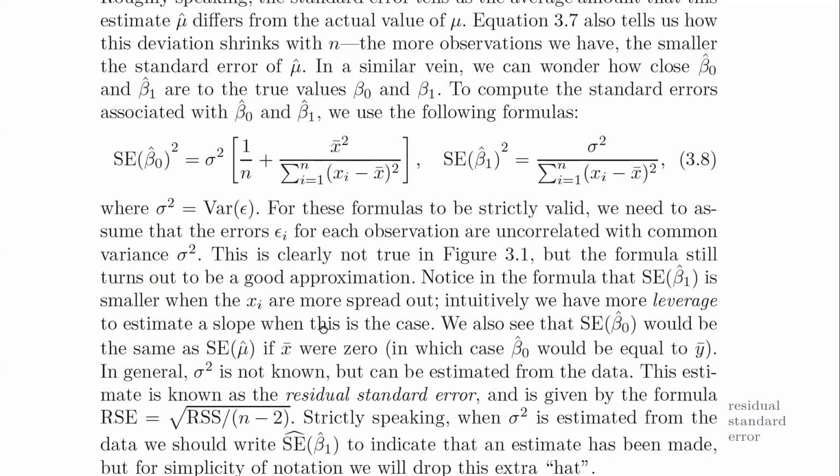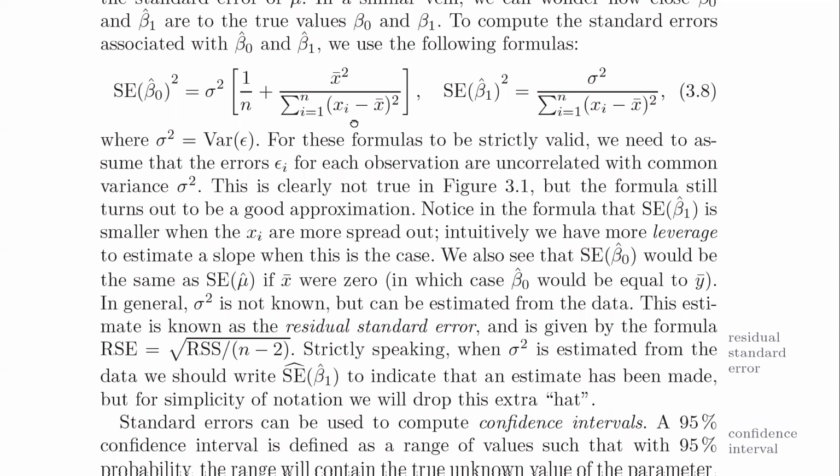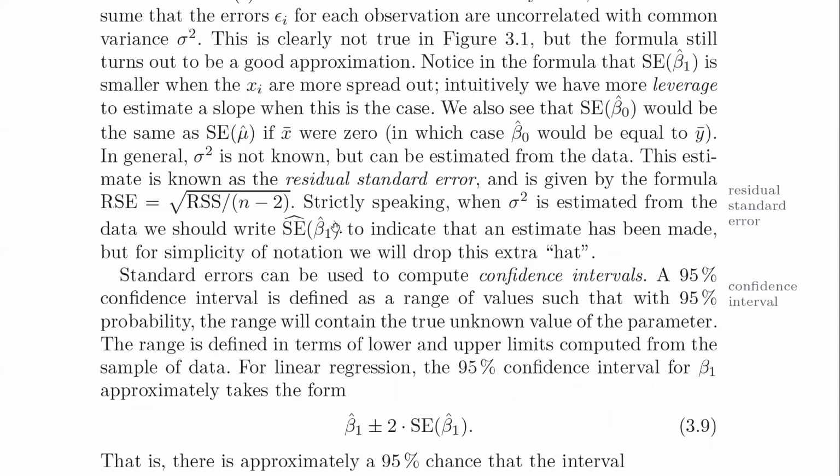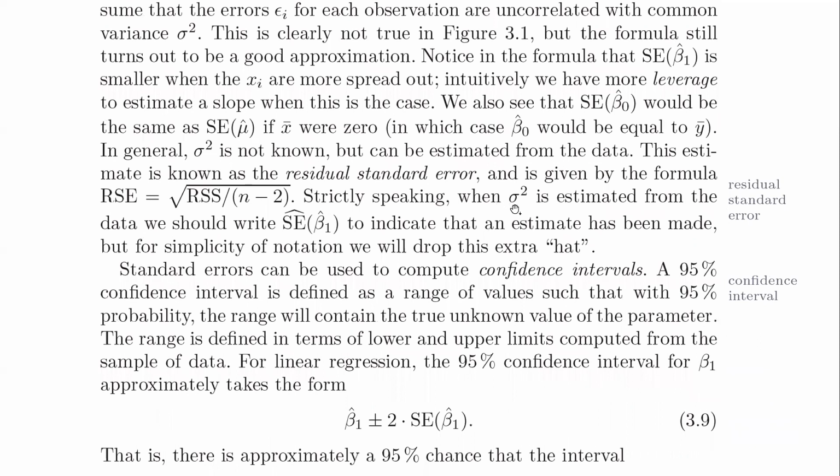Interesting. But how would we do that? Strictly speaking, when sigma squared is estimated from the data, okay. So this is what in our first reading last session wasn't entirely clear.